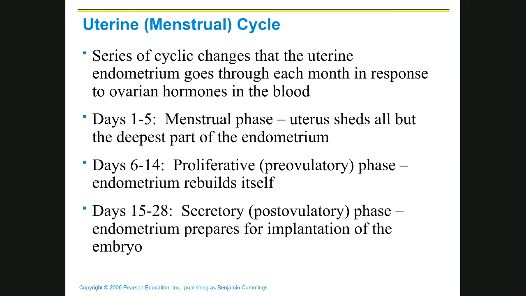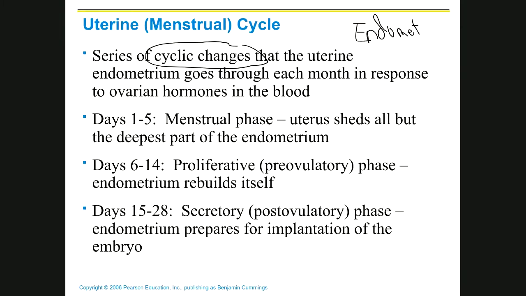So let's look at the uterine cycle. Again, the uterus needs to prepare itself for this fertilized egg. And so it goes through this series of changes that happen with the endometrium. Remember we talked about the endometrium? We said that there were 2 layers to it.